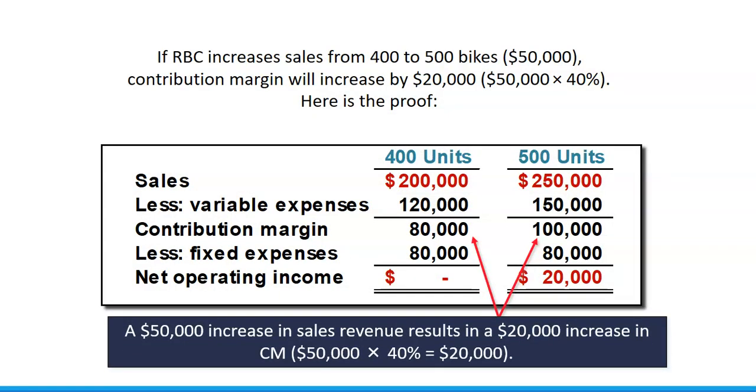If we increase our sales from 400 to 500, we increase our contribution margin by $20,000. Remember, our contribution margin per unit was $200. So $200 times 100 bikes is $20,000.